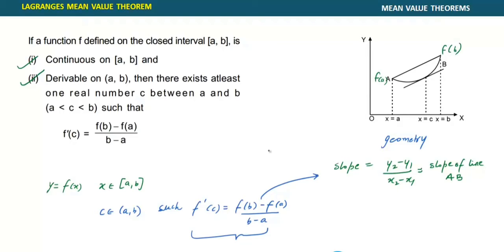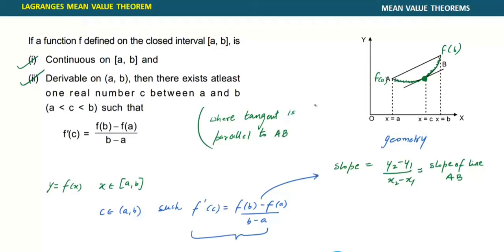So the geometrical significance of LMVT is that in this particular curve, you will definitely get a point C, which is over here in my particular case, where if you draw a tangent, the tangent is parallel to AB.